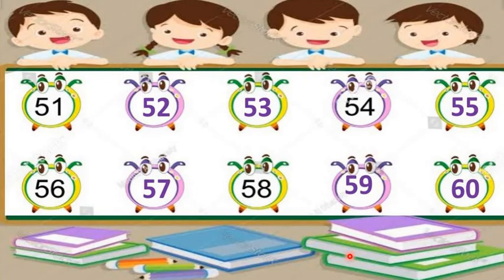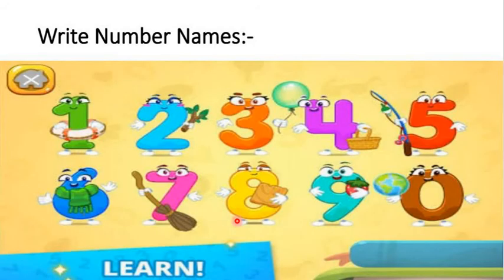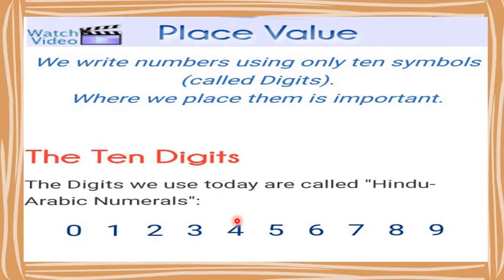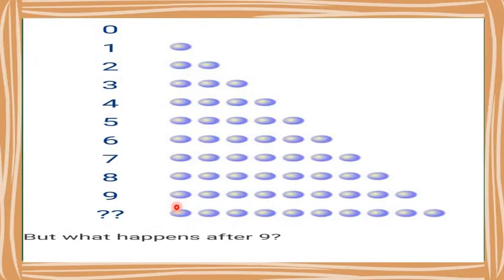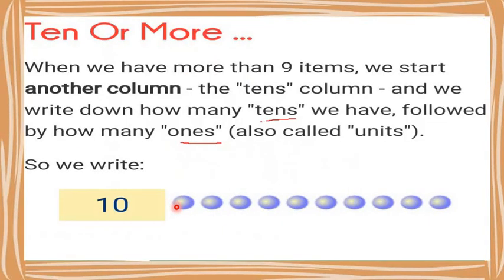Okay. Then we know about missing numbers. How can we write missing numbers? Today we learn about place value, how to find out place value and write the numbers in the form of tens and ones.